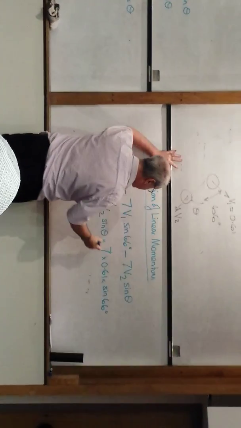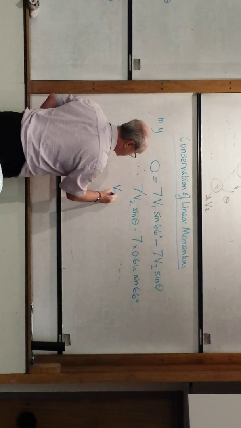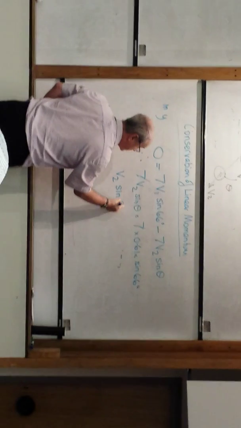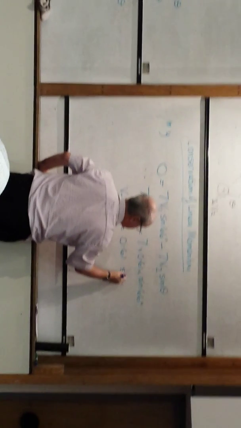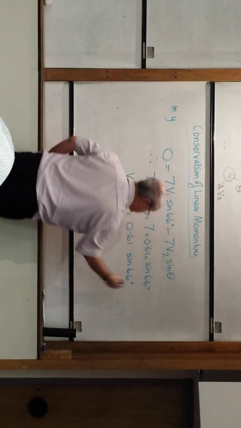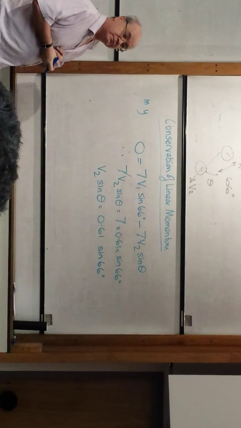Cancel the 7 and I get v2 sine theta is 0.61 sine 66 degrees.